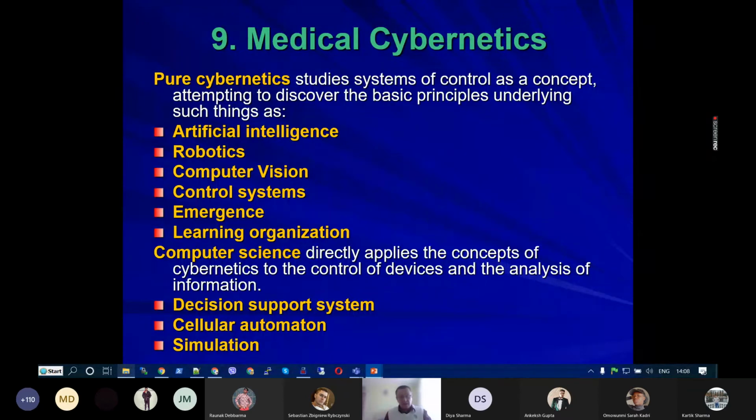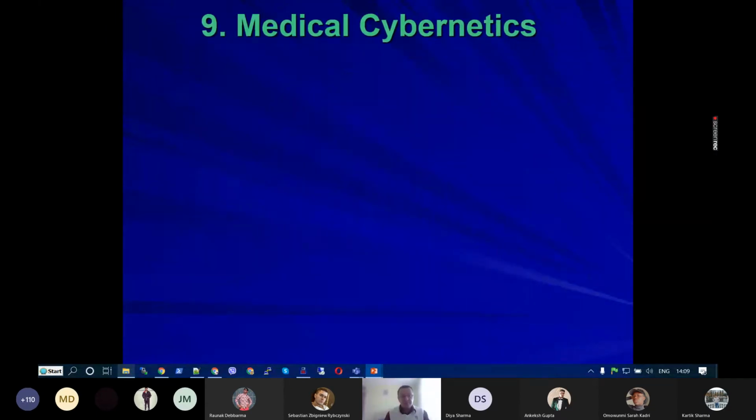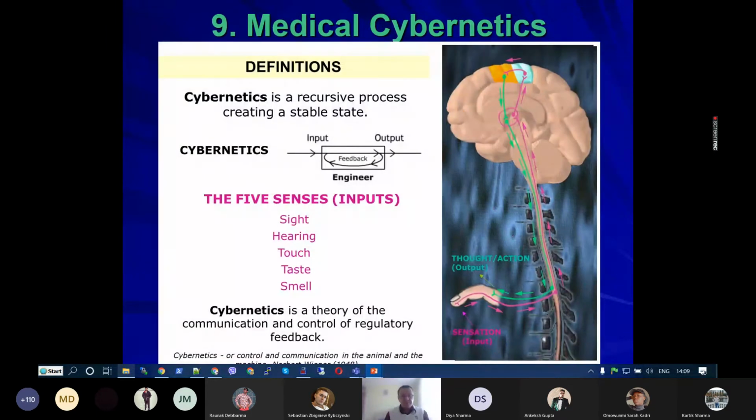And again, thankfully pure cybernetics provides a maximal level of abstraction: system, input, output, control force, feedback, and so on, the things which we deal with under cybernetics. And medical cybernetics, actually, the definition of general cybernetics comes from biological objects, not from technical systems.